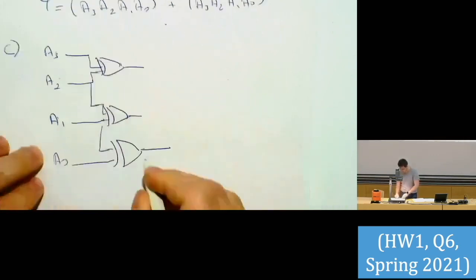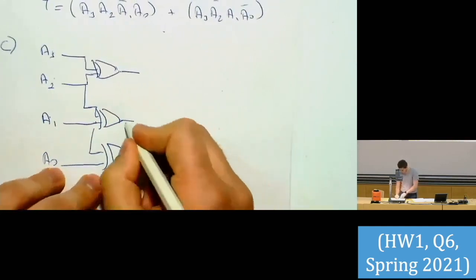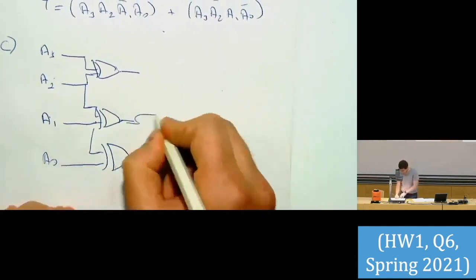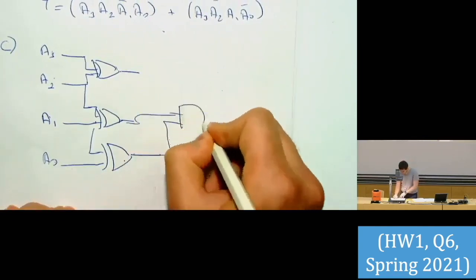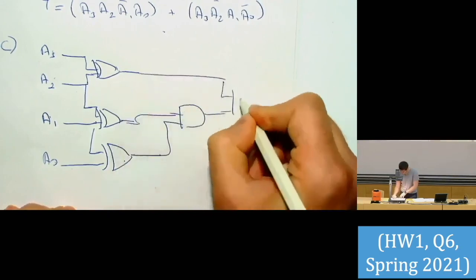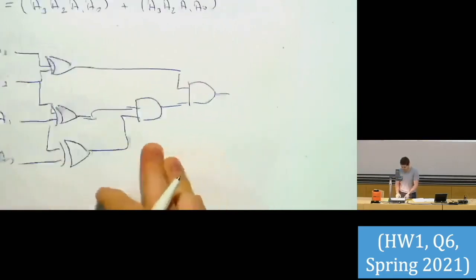Similarly, this XOR gives 1 when these are not equal to each other. So basically, I'm going to AND those, right? And this is our very intuitive circuit.